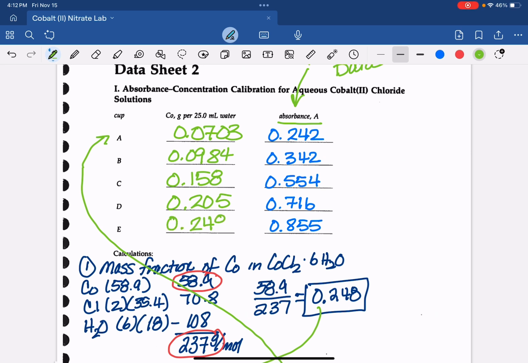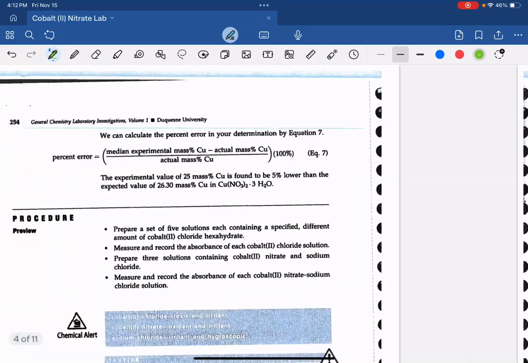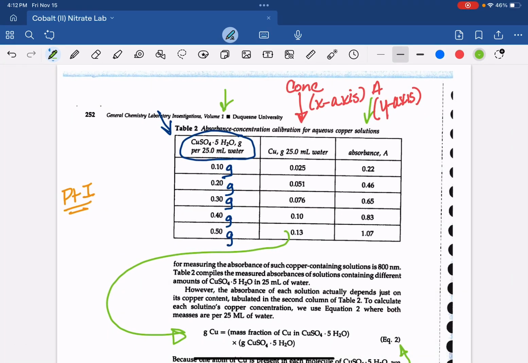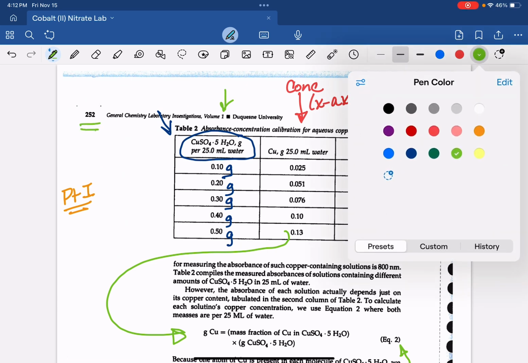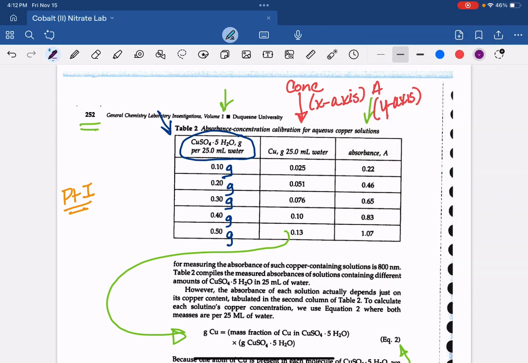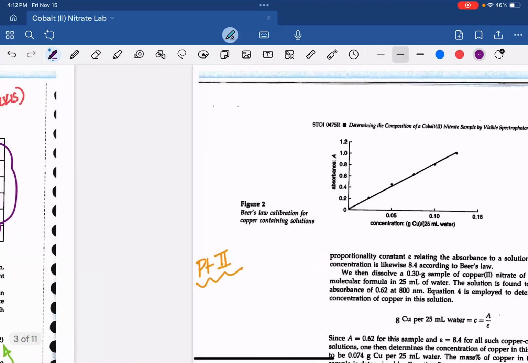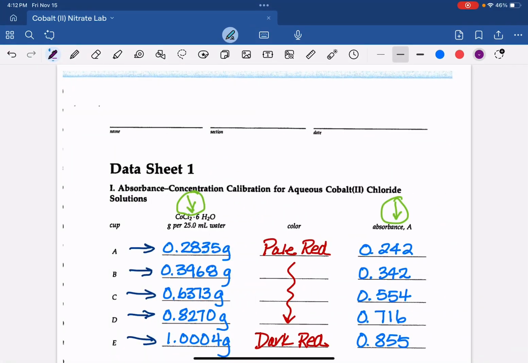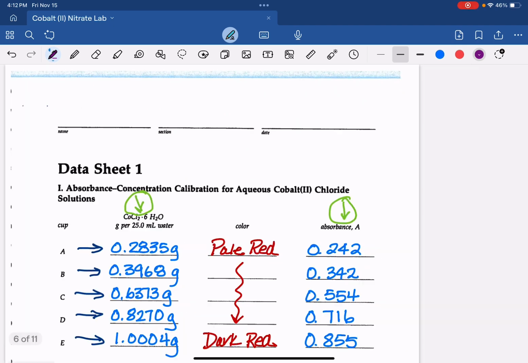As I'm filling them in and explaining the process to you, you now have enough information to generate your graph. Going back to the instruction sheet on page 252 for part 1, you now have the information for your data to put on the x-axis and the y-axis.